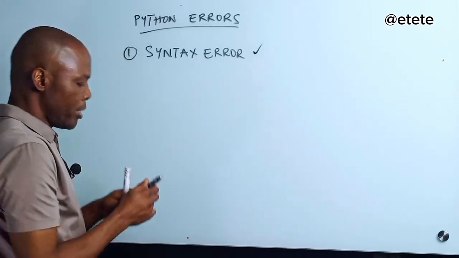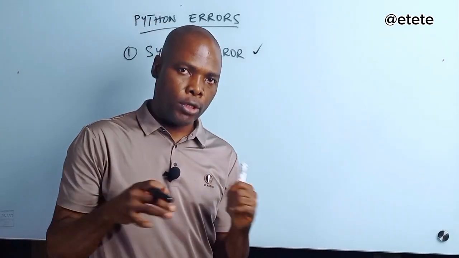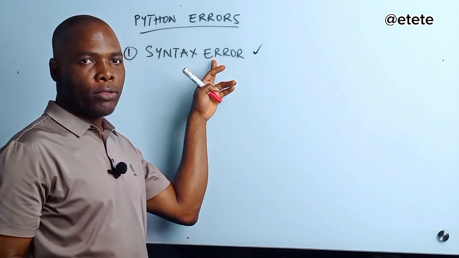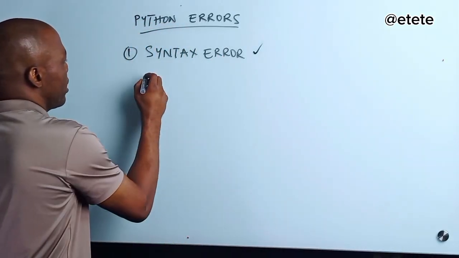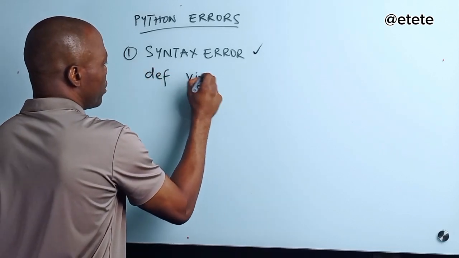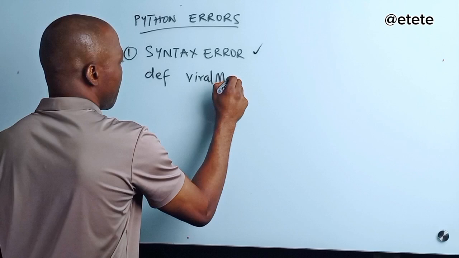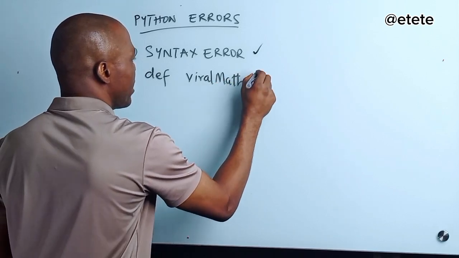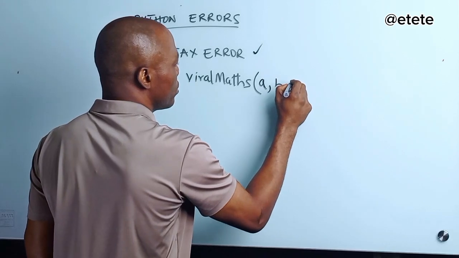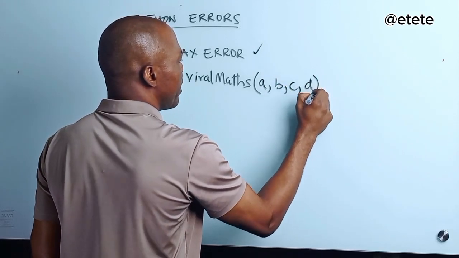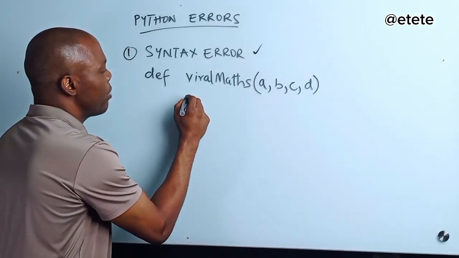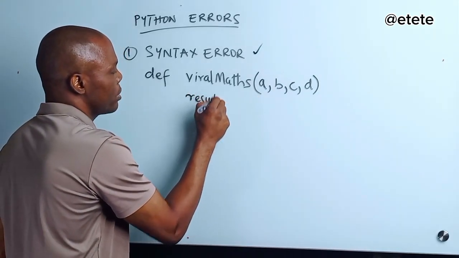All right, so syntax error. Now, I'm going to write a function. I'm going to define a function, and based on that function, we will find out this syntax error. So I'll say def, right? And I'll call my function name viral math. Now, this function, I'm going to supply 4 parameters to it, right? Inside this function, I will declare a variable result.